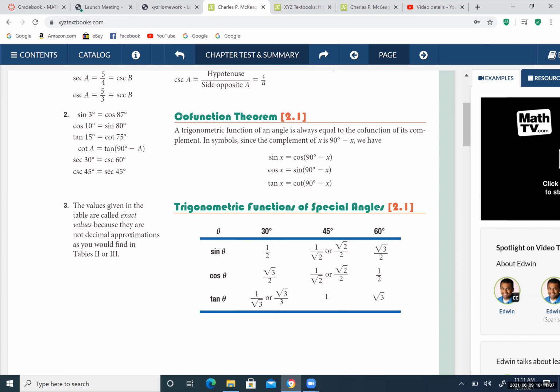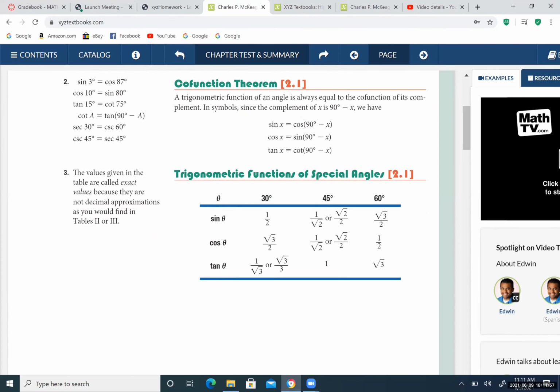Sometimes people memorize this table. If you can memorize it, or copy it somewhere, then apply it to evaluate or find the value of sine, cosine, and tangent of 30, 45, and 60 degrees. We have more, but I think you will learn more later. Here, just the basics first.